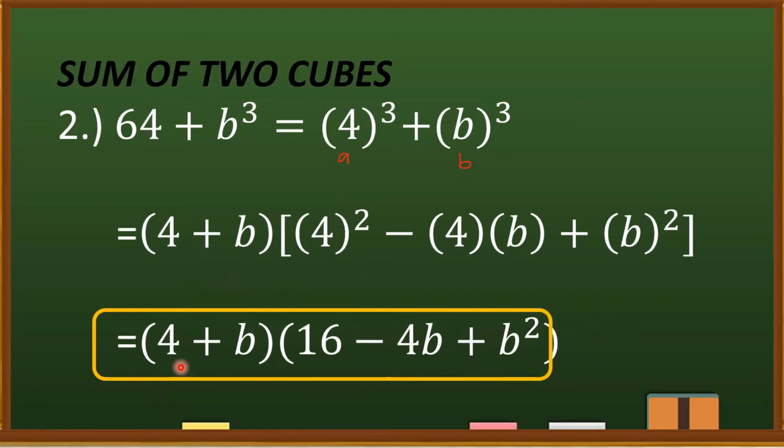So we have quantity 4 plus b and quantity 16 minus 4b plus b squared. If we have parentheses, so we can read this as quantity 4 plus b, and then quantity. Yung quantity is the same as parentheses, open and close parentheses.